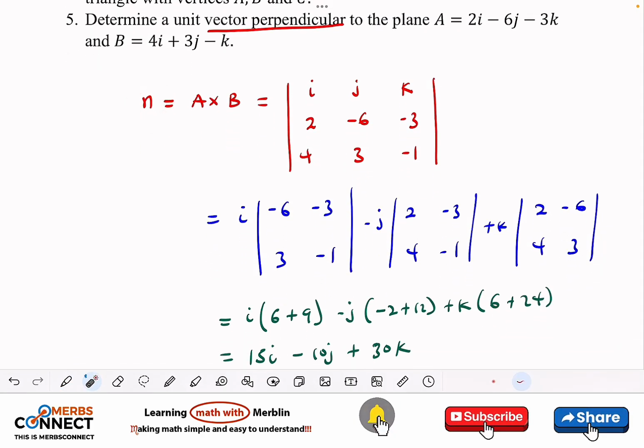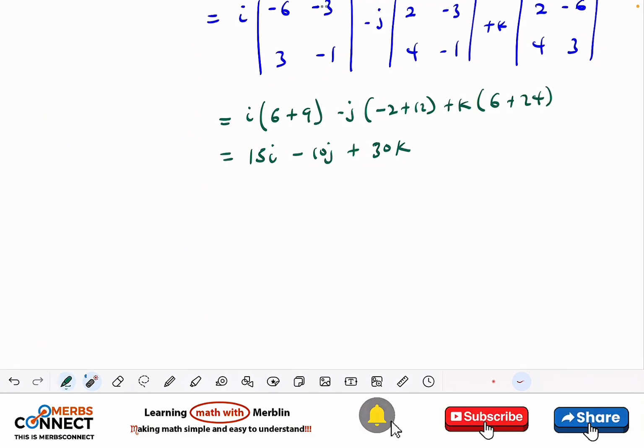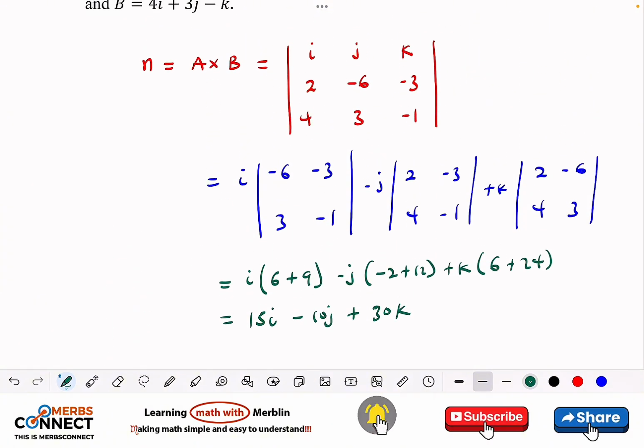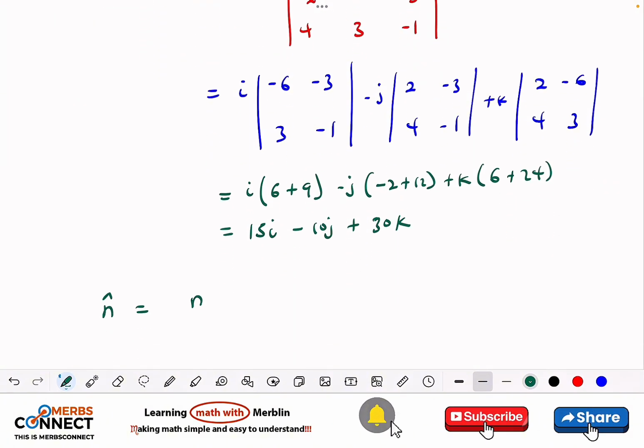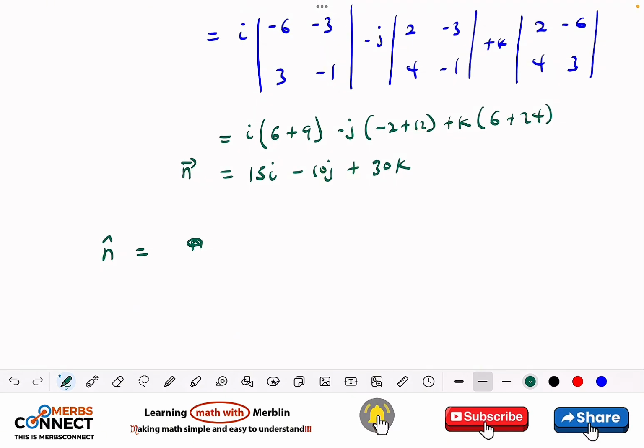Now we need the unit vector perpendicular, right? So remember, n cap is equal to the vector itself. If I'm calling this vector n, then n cap is equal to vector n divided by the magnitude of vector n.